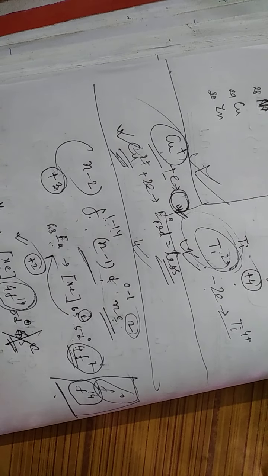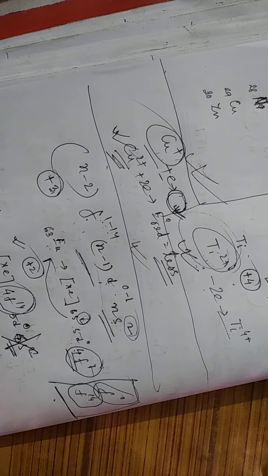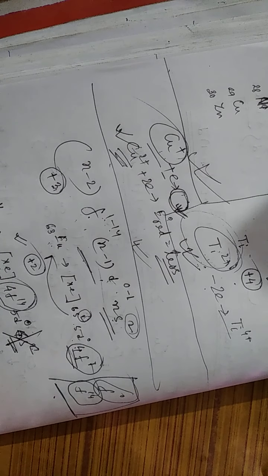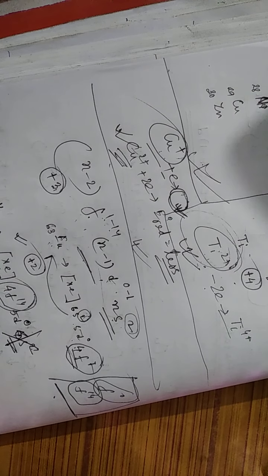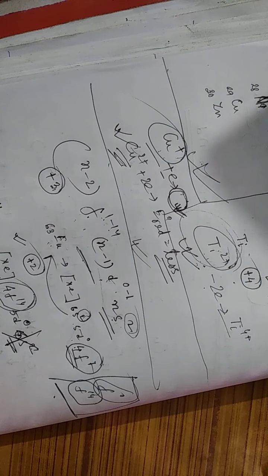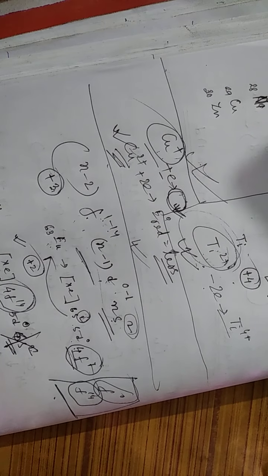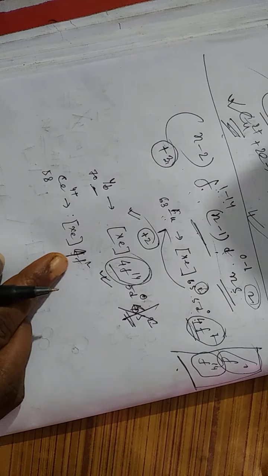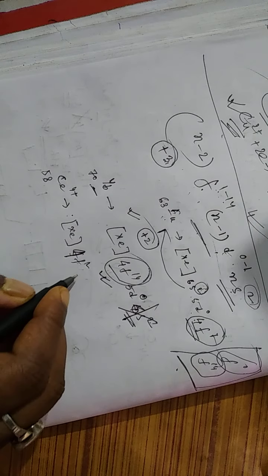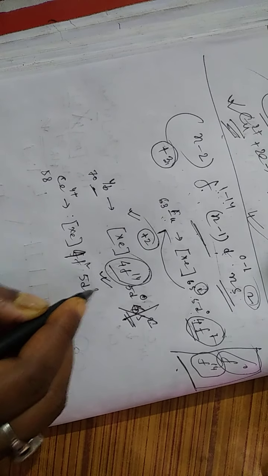And another one is f0, for example cerium 4 plus. Cerium's atomic number is 58, so its electronic configuration is xenon 4f2, 5d0 and 6s2.